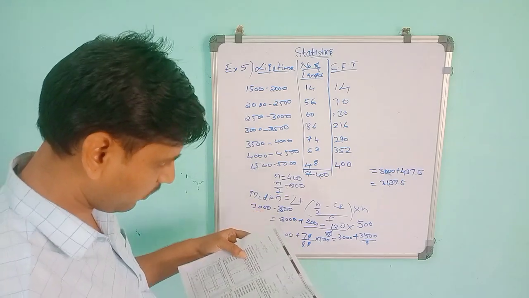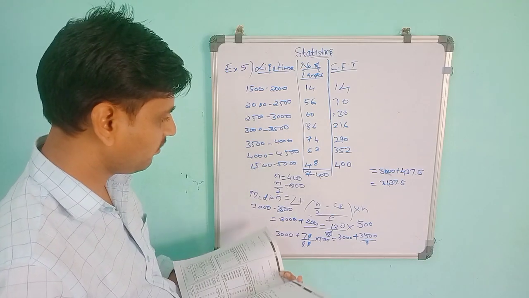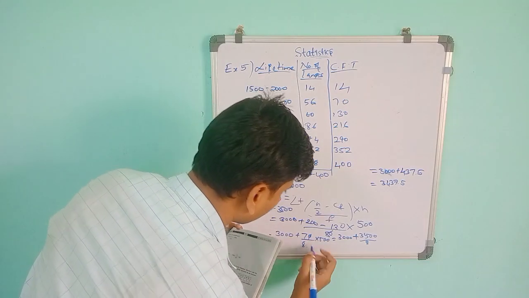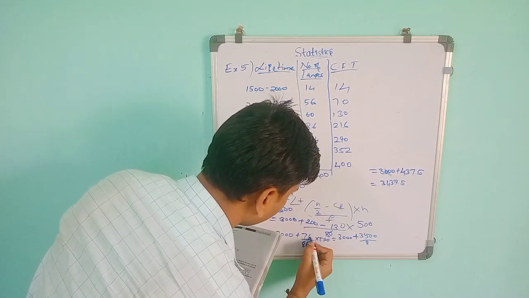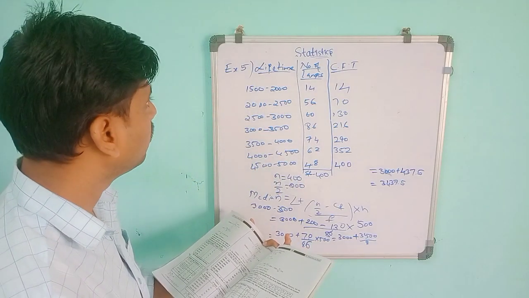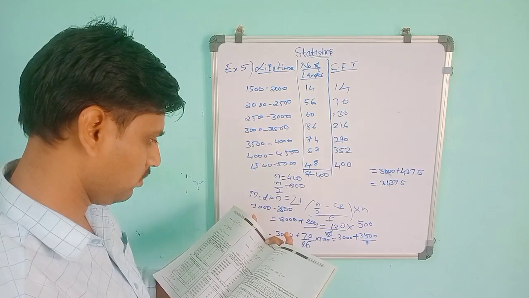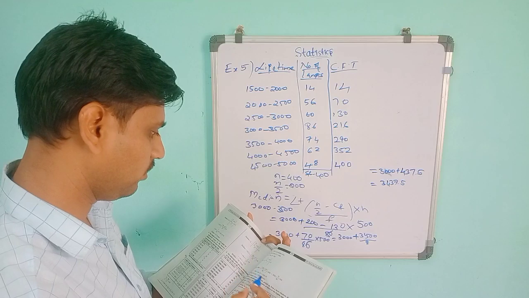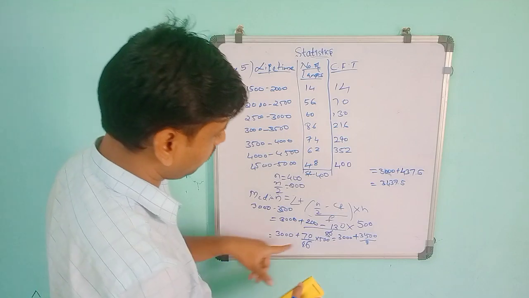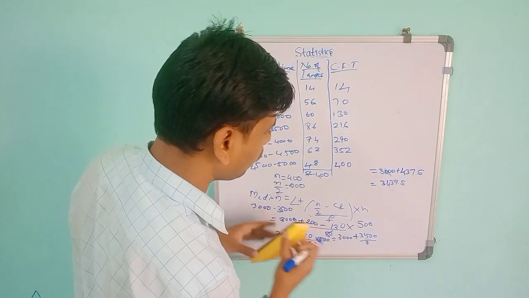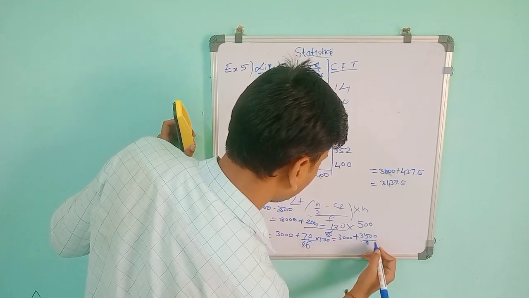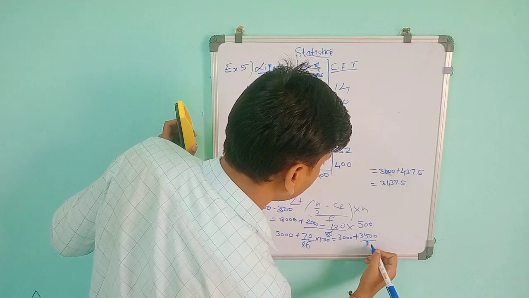n by 2 is 200, then 200 minus 130 is 70, 70 by 86, and 500 is the h. So 70 by 86 into 500. So 7 5s are 35, so 35,000 divided by 86.